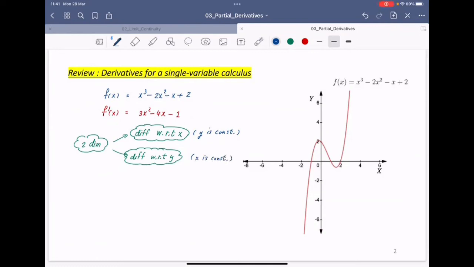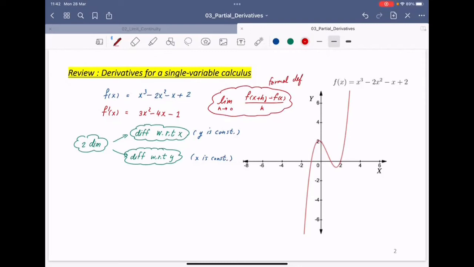The formal way to define the derivative is by using the definition, because in Cal 1 you define it by the limit of f(x plus h) minus f(x) over h, where h goes to 0. This is how you define the derivative in calculus, and if you are good at calculus, you'll remember this. It's the formal definition of the derivative in Cal 1.